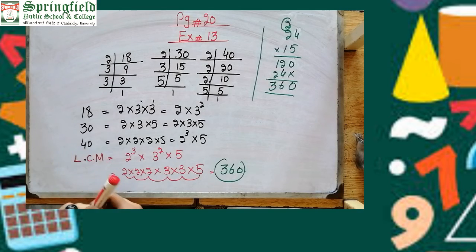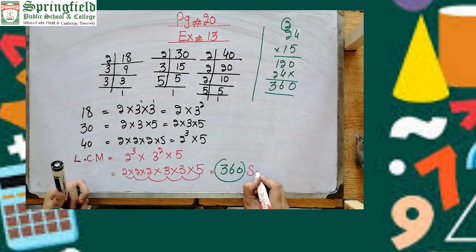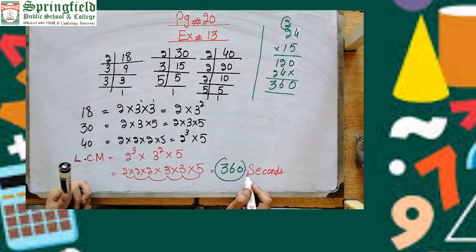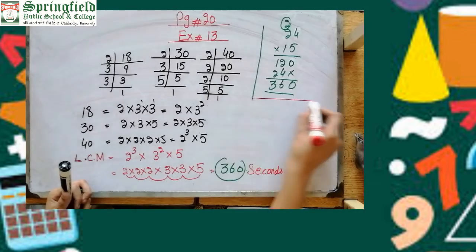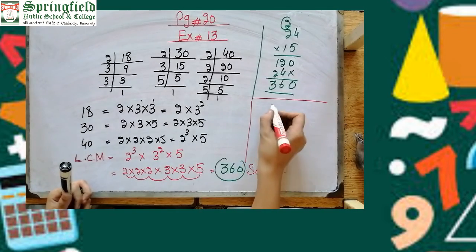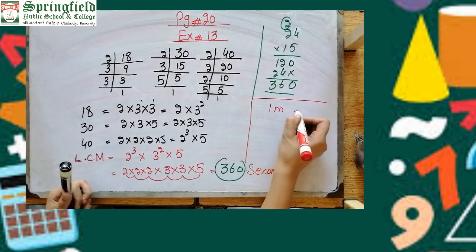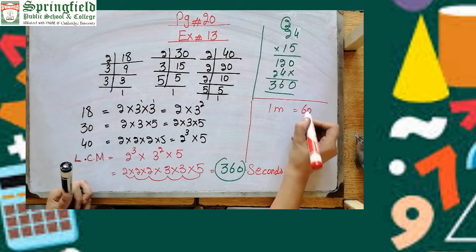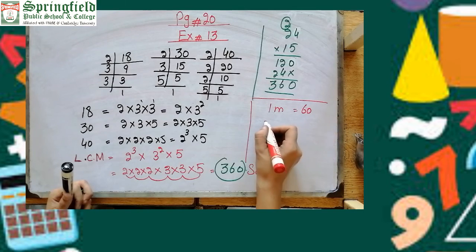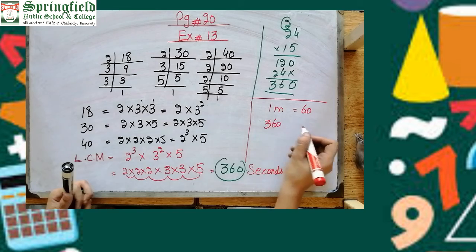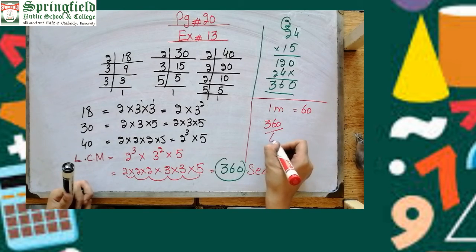And 360 seconds. It means 360 seconds have how many minutes? 1 minute is equal to 60 seconds. So 360 seconds have how many minutes? 360 divided by 60.